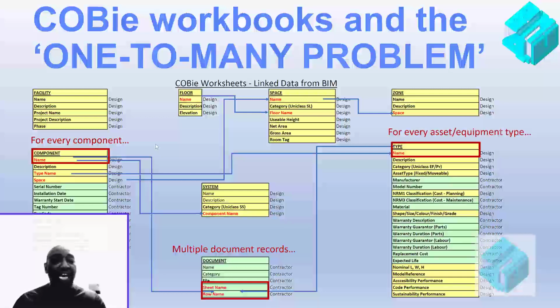As a result, those sheet names, component and type and others, are repeated again and again, and so are the row names that refer to a particular asset. It's just the way that you represent a relational situation in a flat file scenario. And that's the one-to-many problem.